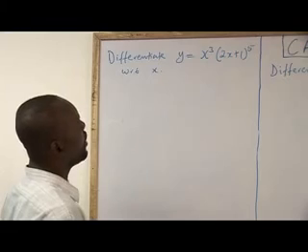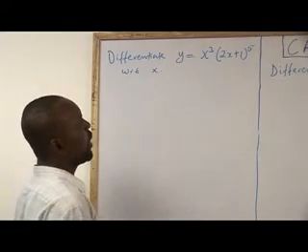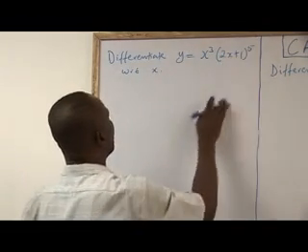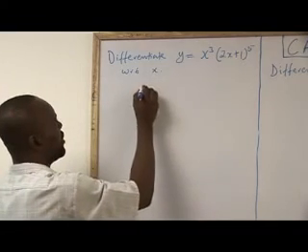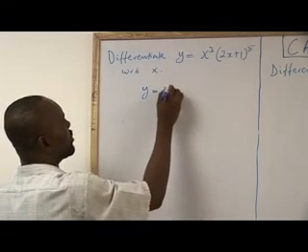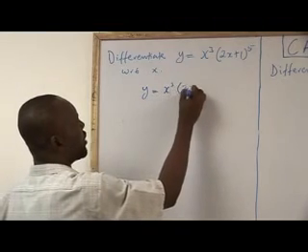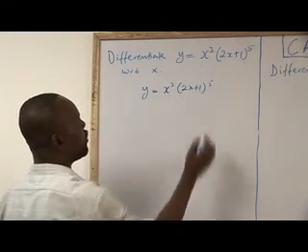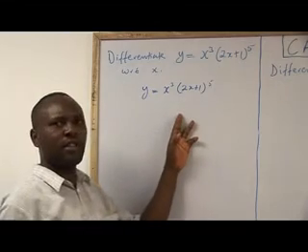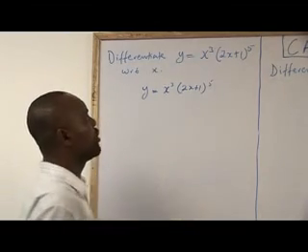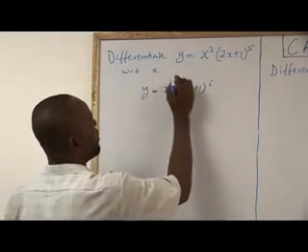Right here I have y equals x cubed multiplying 2x plus 1 all raised to the power 5. We have to differentiate that expression. We should be able to identify that this is a product. Why do I say this is a product? I have one part here.